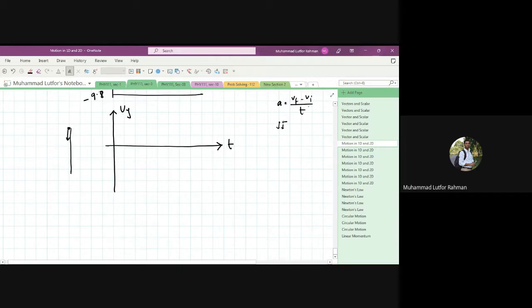That's the general definition. If it moves at a constant acceleration, which is minus 9.8, then that point's velocity must be higher than its initial point. It means that velocity is increasing, but in the negative direction.